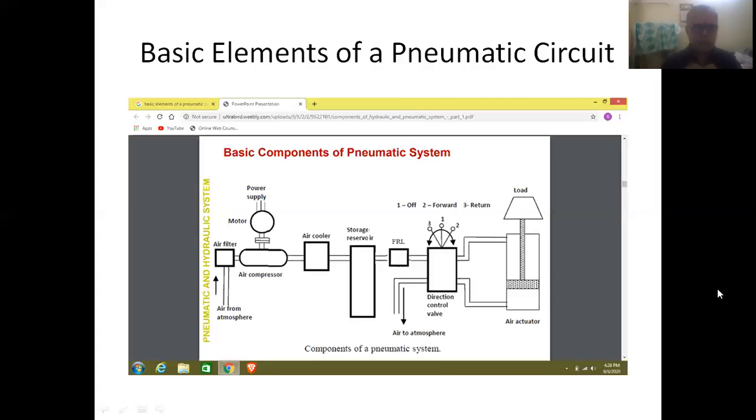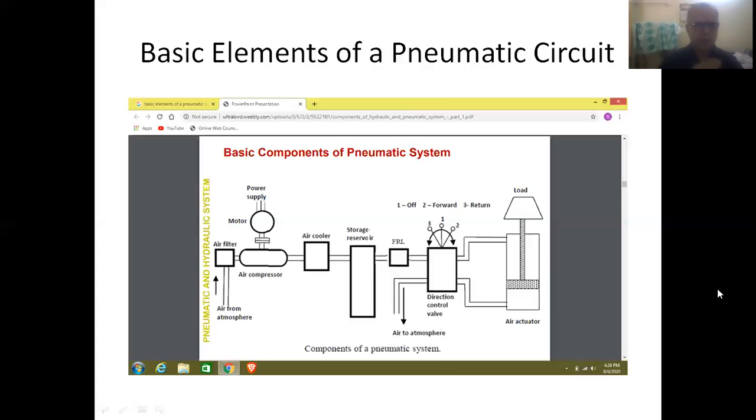Therefore, the air which is delivered into the compressor must be free of impurities. Otherwise, these impurities will be damaging the parts of the compressor. So therefore, an air filter is placed before the compressor.